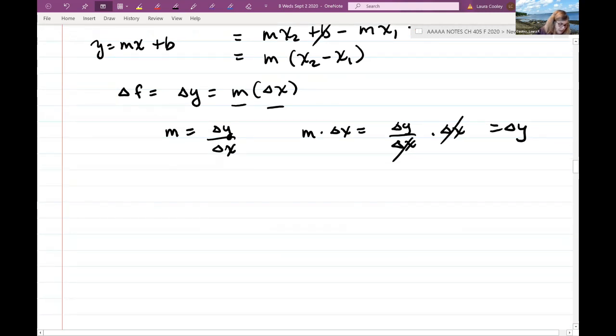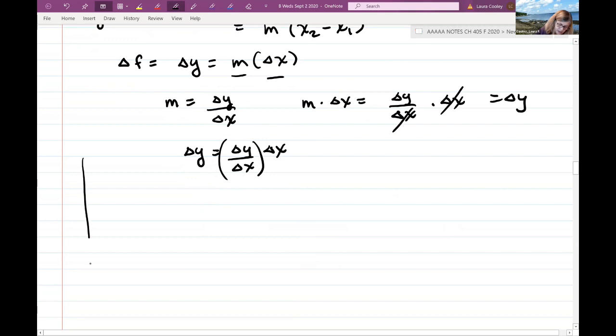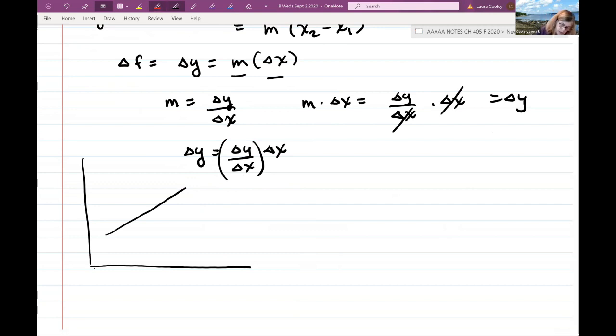So what we're saying then is that we can figure out the change in y by taking delta y over delta x times delta x, okay? But now, here's the thing about linear functions. Linear functions, they have a slope, but they only have one slope. So the slope here is the same as the slope here. The slope is the same everywhere.